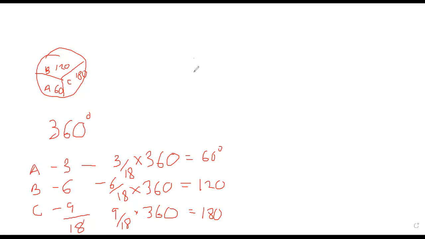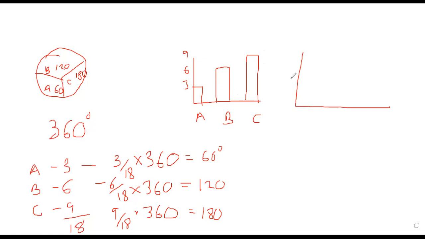Another key pictogram is what we call a bar chart. A bar chart can be shown by an array of bars like this. Maybe this is your A, which is at 3. This is your B, which is at 6. And this is your C, which is at 9. The same one can be drawn but attached.